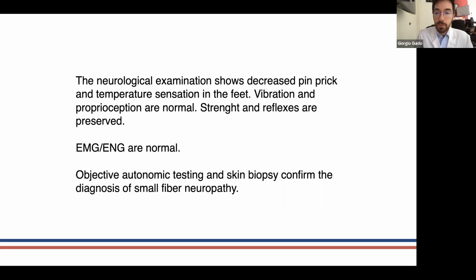And indeed, strength and reflexes were preserved. The EMG and ENG studies, which detect a lesion in the large fibers, were normal, as it should be in small fiber neuropathy, and the objective autonomic testing and skin biopsy confirmed the definitive diagnosis of small fiber neuropathy.